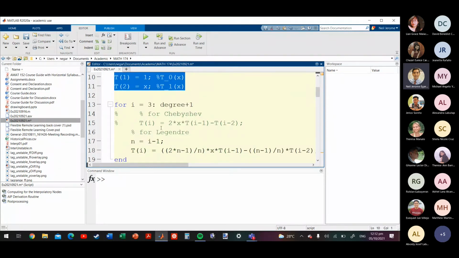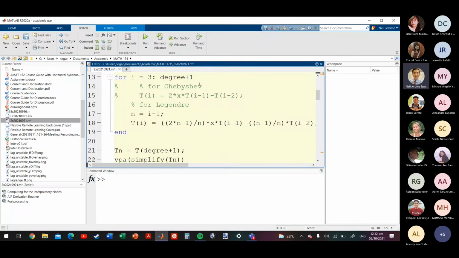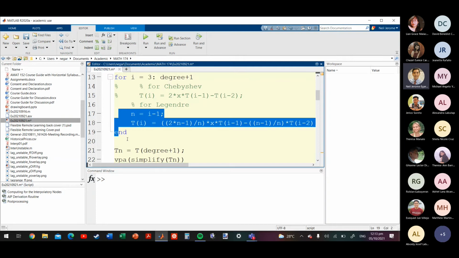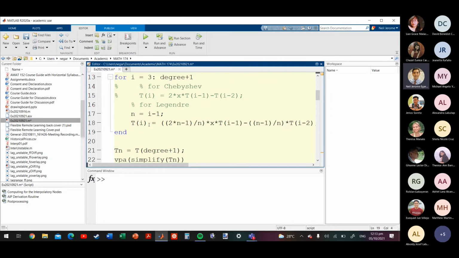And then dun sa for loop natin last time, creating the Chebyshev polynomials, I will just replace it by the formula for the Legendre polynomials. Okay. Medyo kailangan ko lang maging careful kasi nag-adjust tayo, di ba? So kapag meron kang ti, ibig sabihin ang mafo-form natin na Legendre polynomial ay Legendre polynomial of degree, what was the degree?